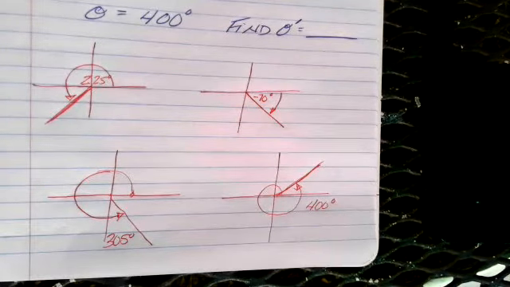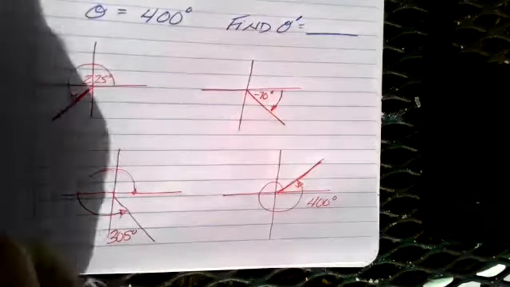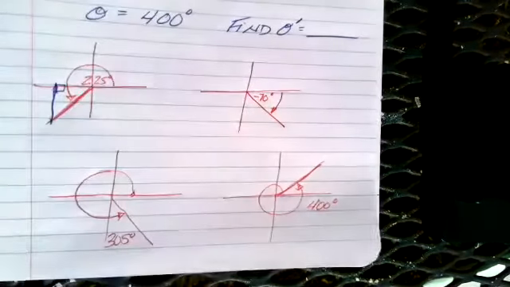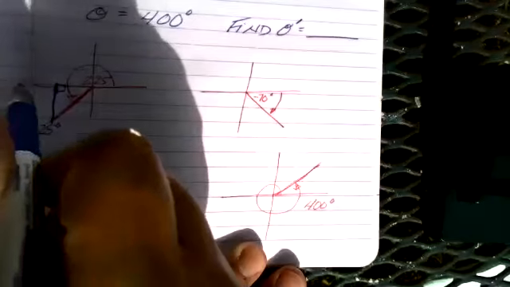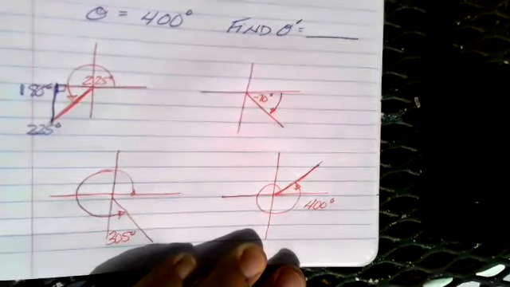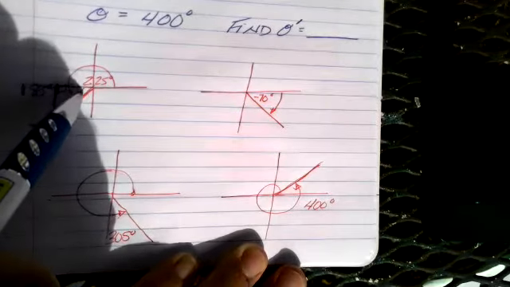The first example was 225, so that would bring me into the third quadrant. If I draw a vertical line to my x-axis, I'm going to have a right triangle that looks like that. I know if this is 225 degrees and this is 180 degrees, then this interior angle here is what we're looking for.